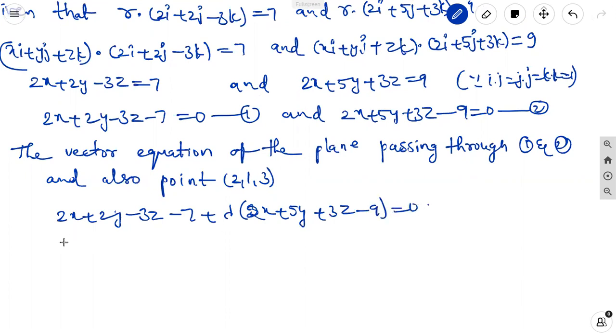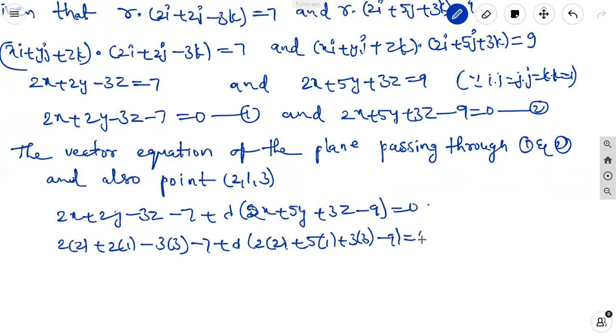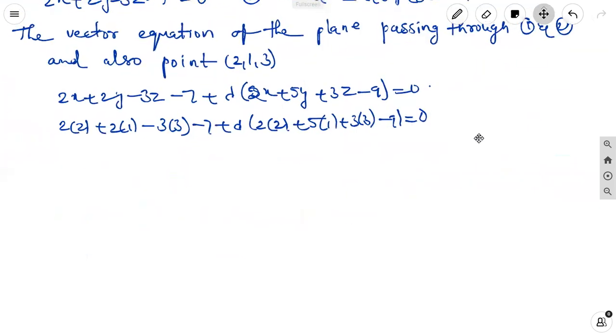Here substitute the point: 2 into 2 plus 2 into 1 minus 3 into 3 minus 7, plus lambda into (2 into 2 plus 5 into 1 plus 3 into 3 minus 9) equal to 0. After the simplification, 4 plus 4 is 8, 8 minus 9 is minus 1, minus 7 is minus 8, plus lambda into (4 plus 5 plus 9 minus 9), that is 9, equal to 0.